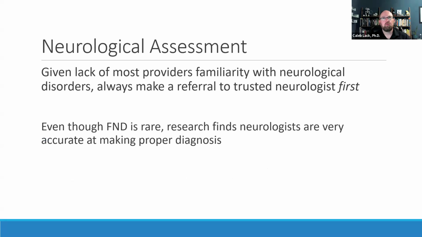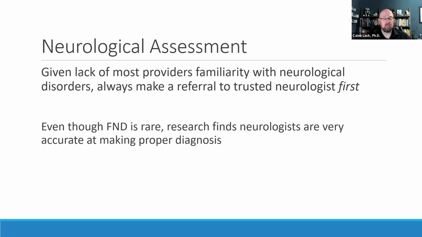And then when we have one of these patients come in, our first line recommendation is, well, you're having some of these symptoms, you need to go be checked out by a neurologist first, right? That is really the first thing you should do. Not just, oh, my family doctor told me to come in or my pediatrician told me to come in. You really do want to have a neurologist that you're comfortable referring to.